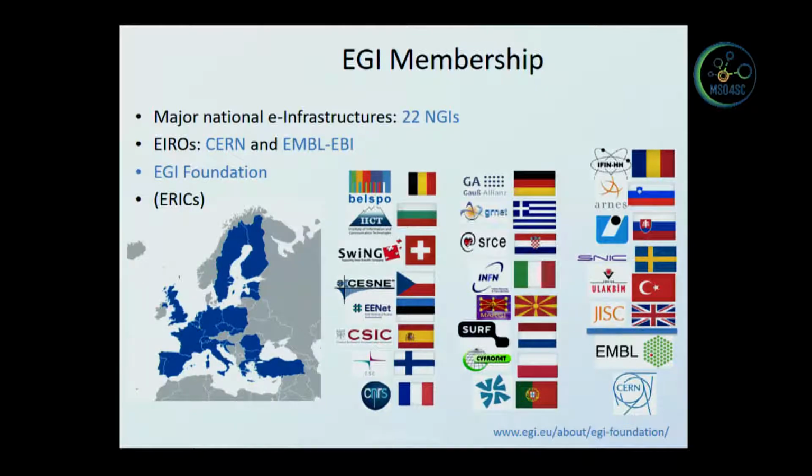This whole federation was established through members, which represent national entities, national computing facilities. Currently, we have 22 national members, call them NGIs, plus 2 European intergovernmental research organizations that also have full membership, CERN and EMBL-EBI, the molecular biology and bioinformatics laboratory.